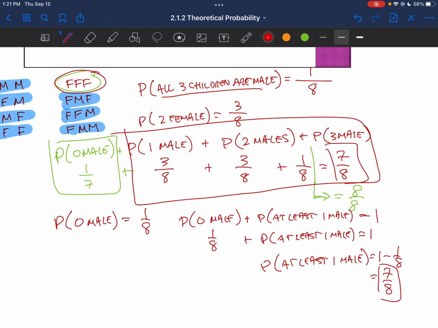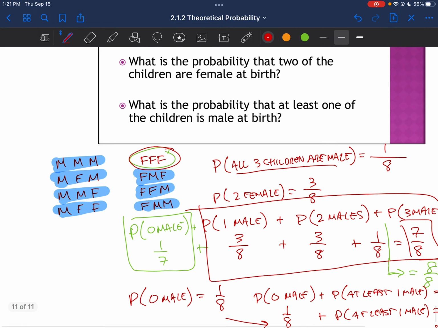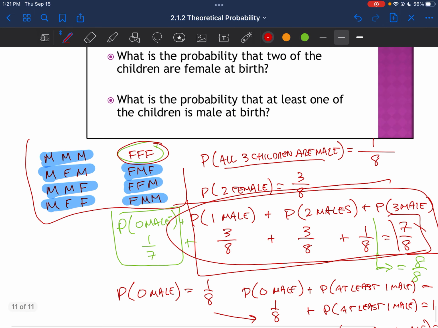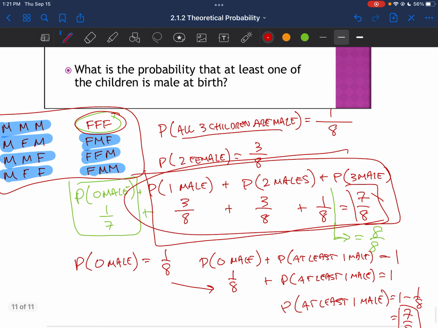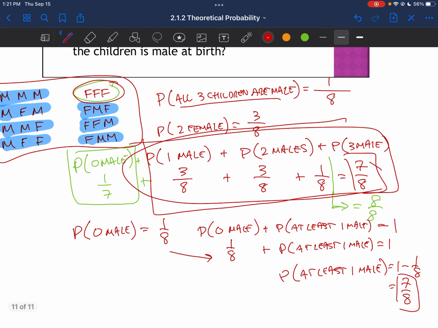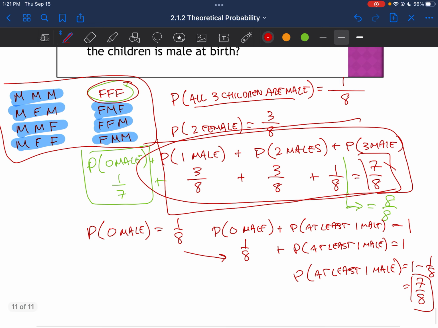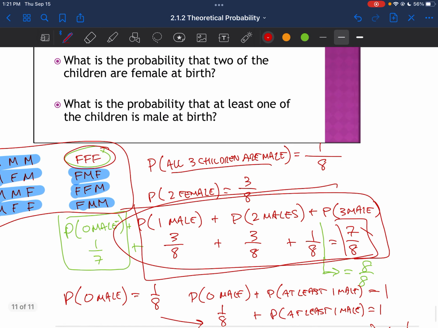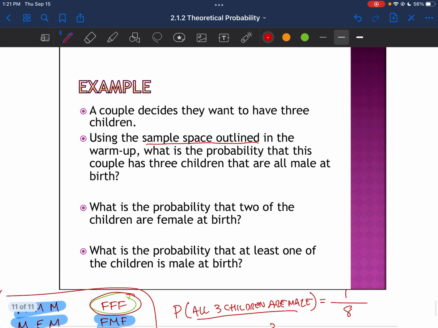But I think this technique is much easier to do in our heads, whereas the technique up here required us to list out the sample space and then figure out exactly how many fit each of these scenarios. So something to think about. We'll definitely talk more about problems like this when we get to advanced probability. I will see you in the next video.